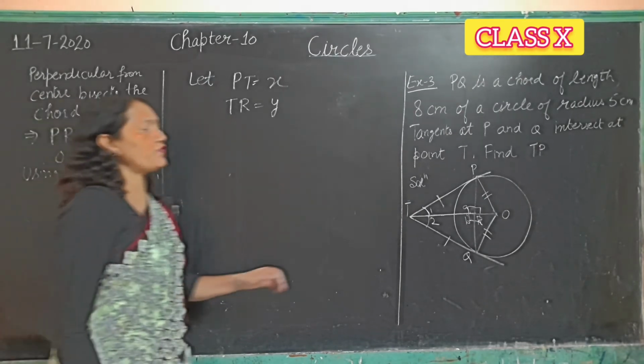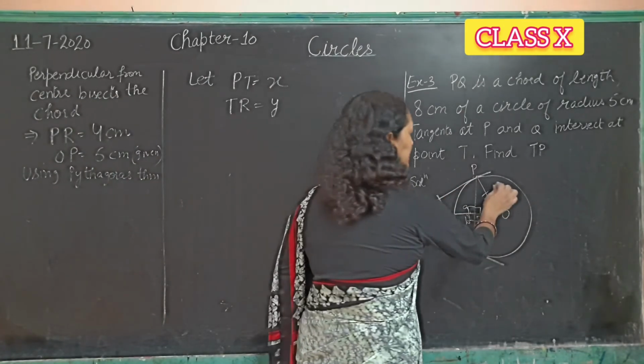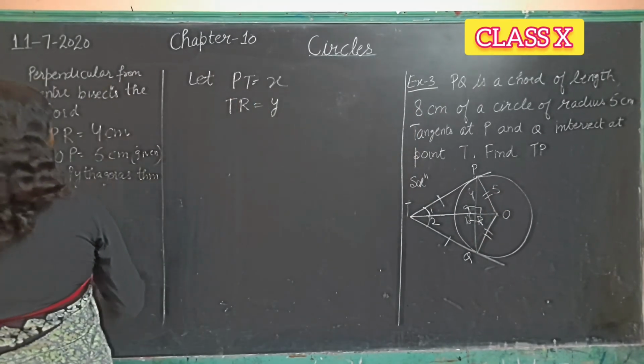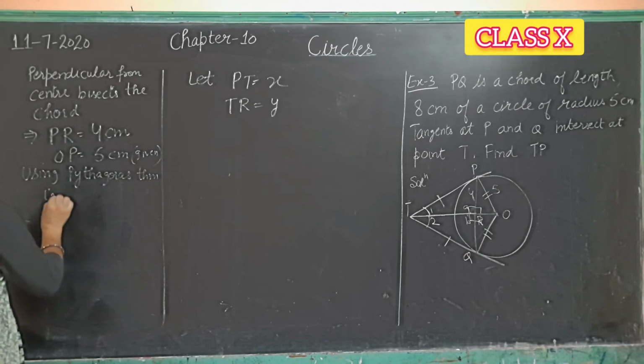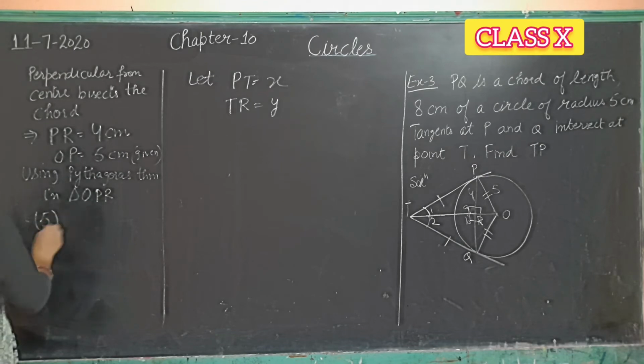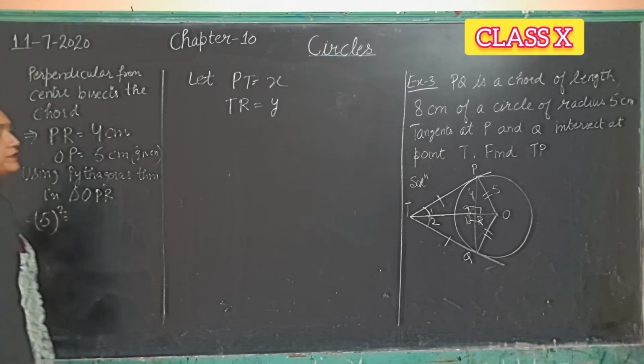And OP equals 5 cm, given to us. This is 5, this is 4. So if we apply Pythagoras theorem in triangle OPR, we can write 5 square is equal to 4 square plus OR square. Why is 5 this side?